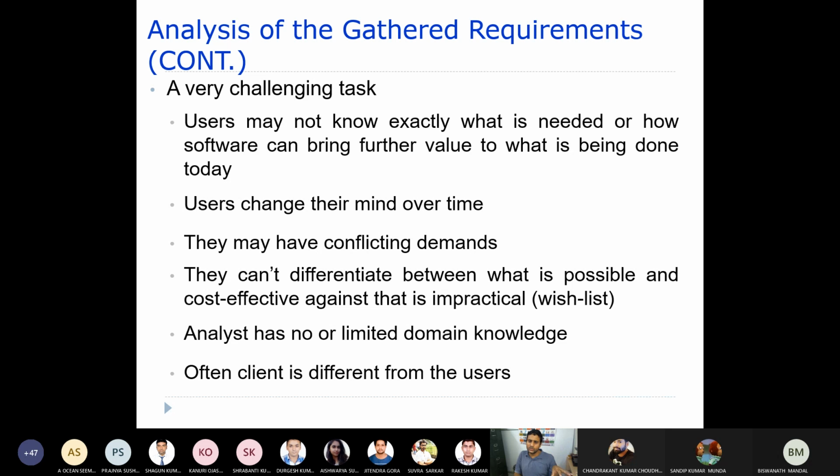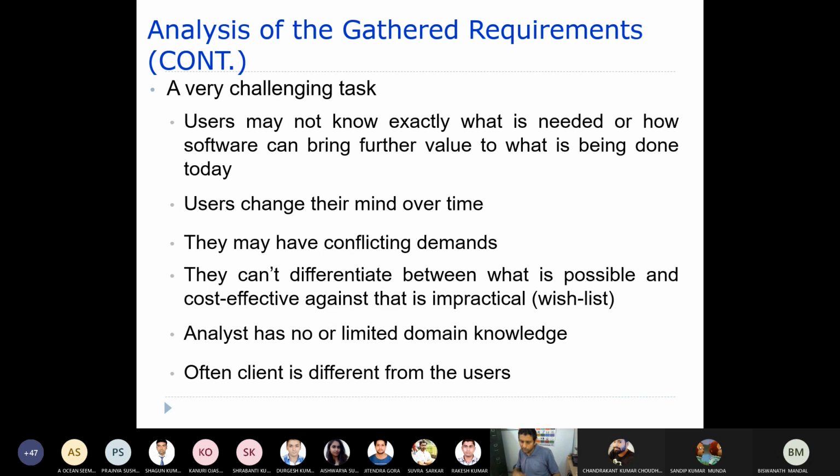Now users are the ones who are actually going to use that particular software. If it is software deployed in SBI, the users will be managers, or the clerks, or the officers inside, or the technical persons.